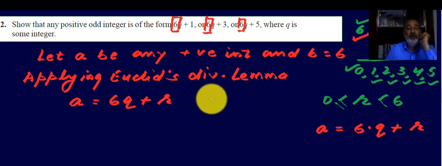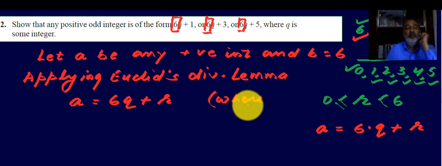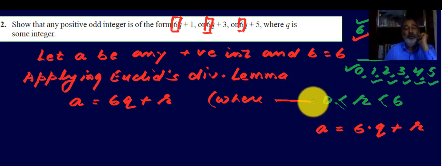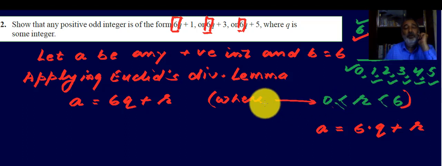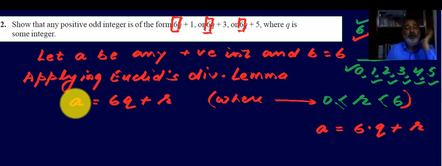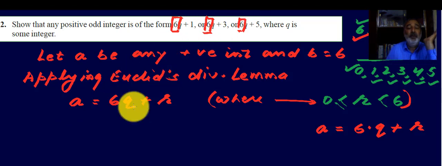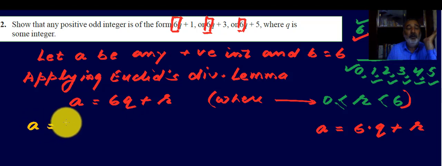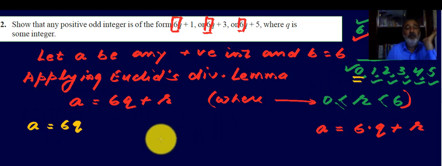Write your condition where r is greater than or equal to 0. It will be your condition. Then a can have 6 different values. What will be the first value of a? I am taking a can have value of 6q when you take remainder 0.